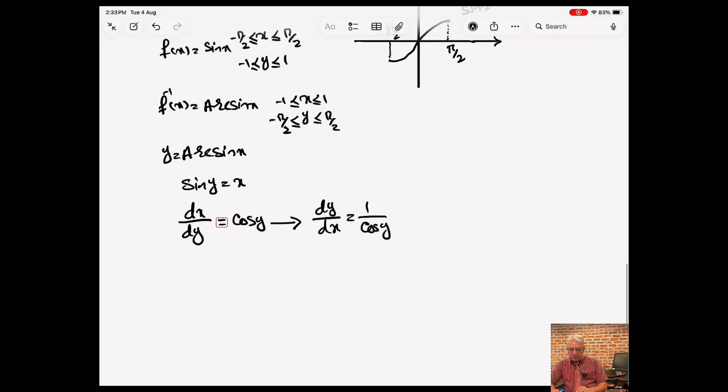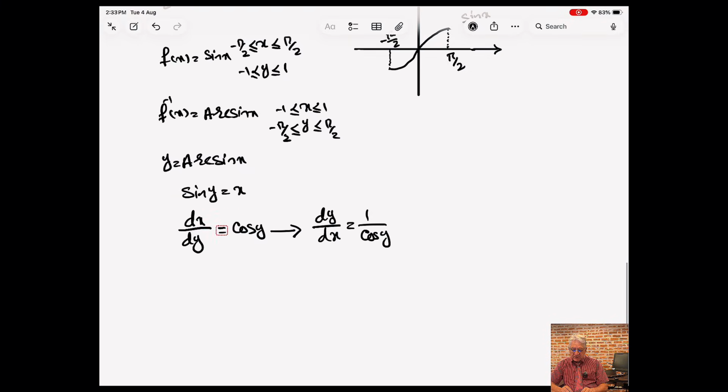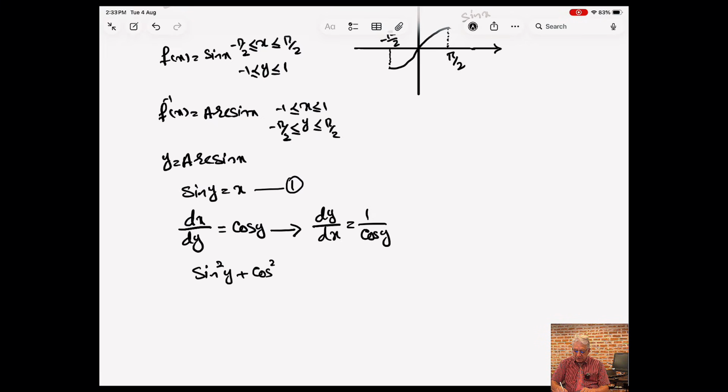Okay, now I know that sine y is equal to x. Here I have this equation sine y equal to x, and I know that sine square of y plus cos square of y is equal to 1. Therefore, cos y will be equal to plus or minus square root of 1 minus sine square of y.